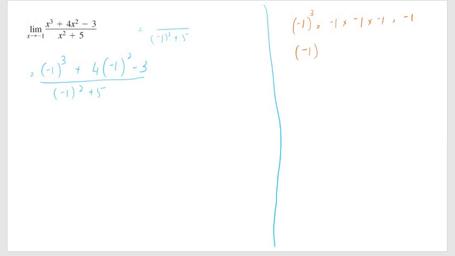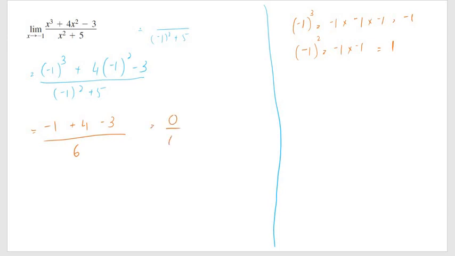Minus 1 squared is minus 1 times minus 1, which is 1. So if we substitute it back, we see that this is minus 1 plus 4 minus 3 over 6, and we get 0 here.